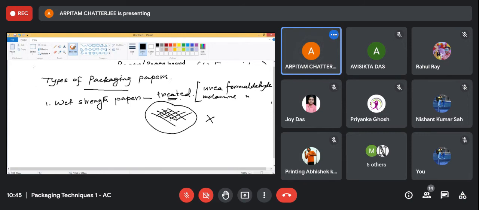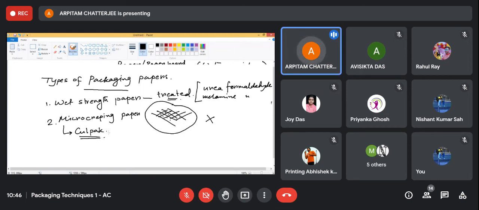Now, the next paper which is commonly used is called micro creping paper. Micro creping paper is basically to introduce some small thread-like structures in the paper, and this process is called the Clupak process.